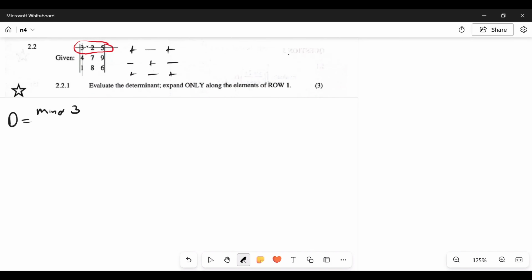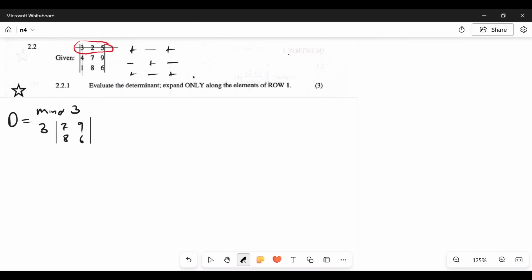We can see that this 3 correlates with the positive there. So here's how we're going to write this. We're going to write 3 and then we write the matrix that is remaining there. We are left with 7, 8, 9, and 6. There we go. Then we move to another one.